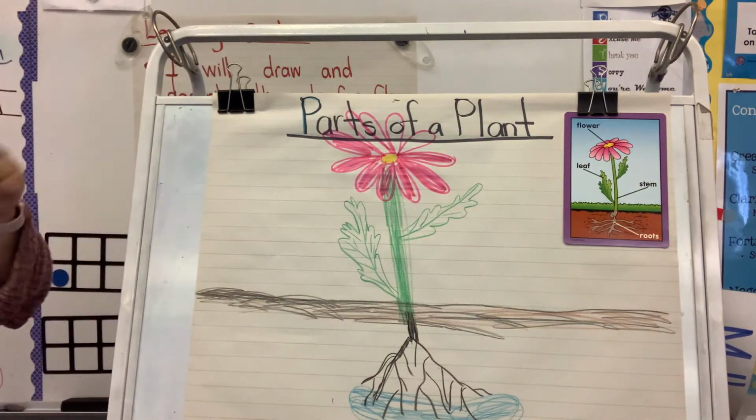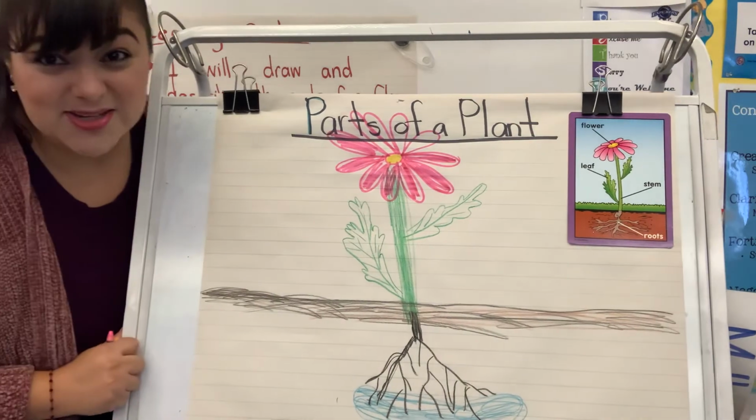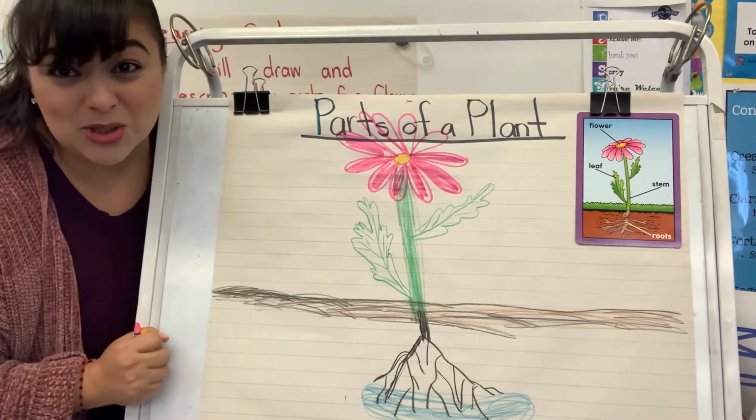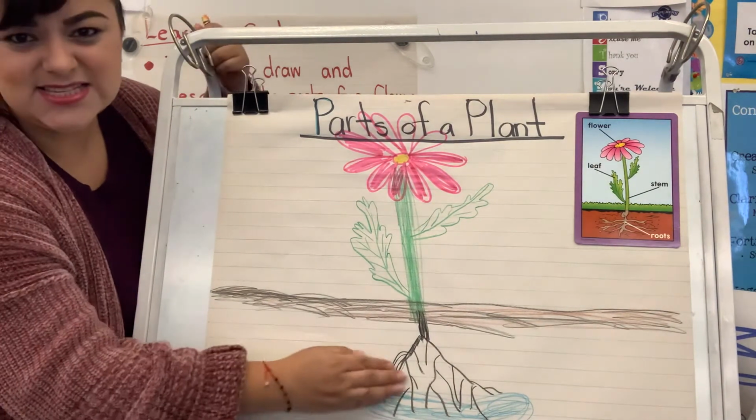Great. So once you're done coloring that, now we need to label the parts of a flower. That's your home learning. So, what was this called?